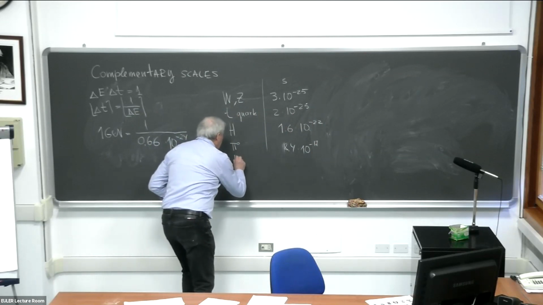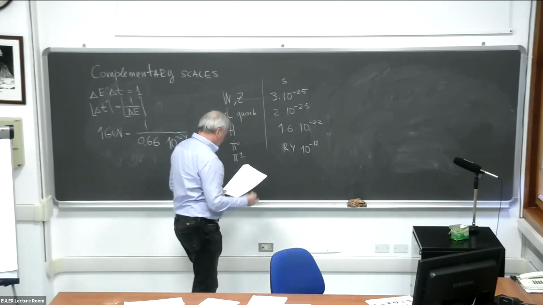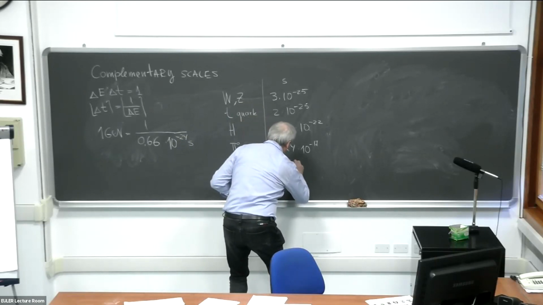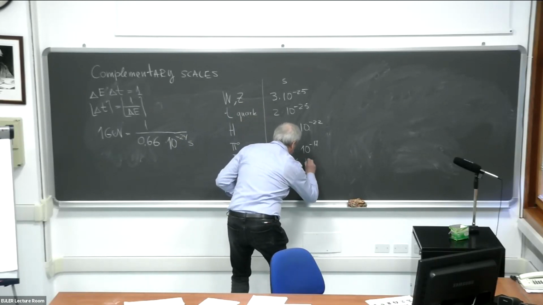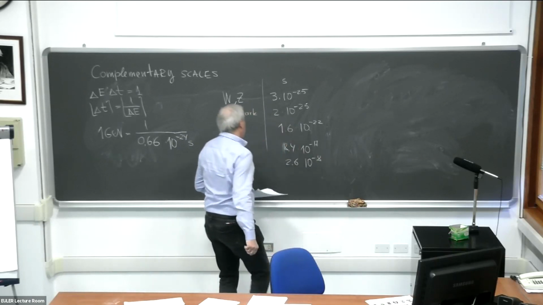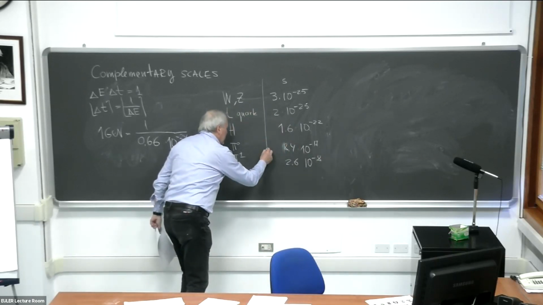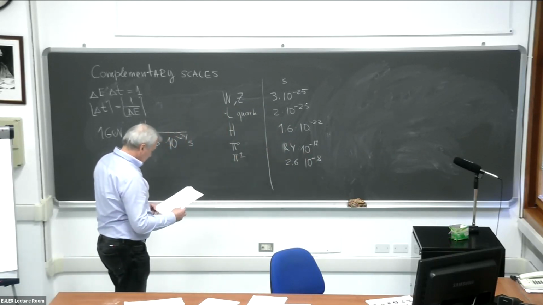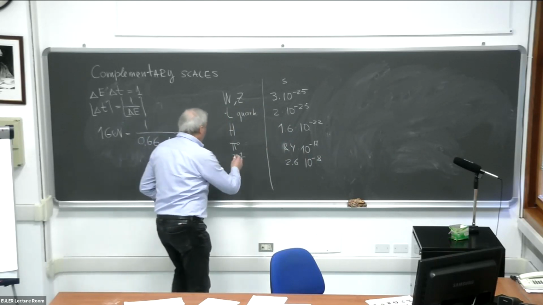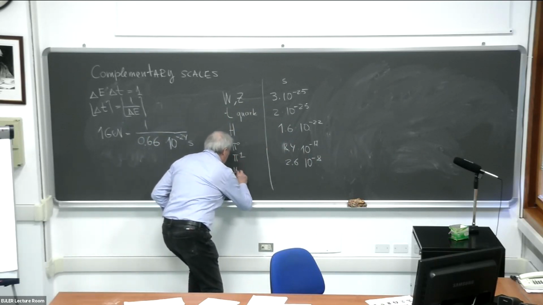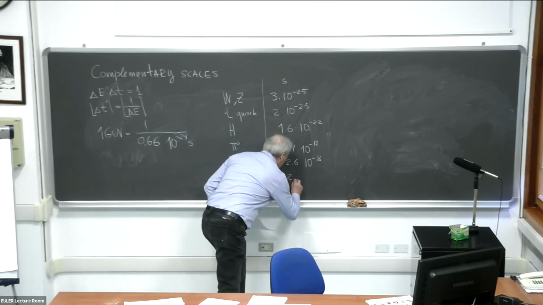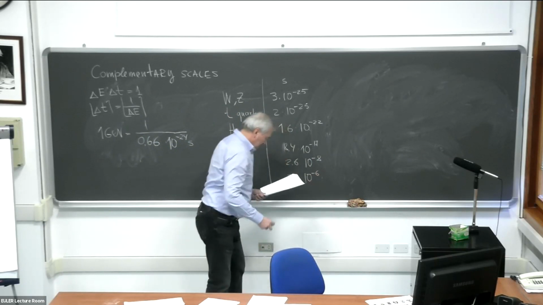Whereas charged pions, pi plus minus, have a much longer lifetime. It's 2.6 10 to the minus 8 seconds. These are important particles and an important time scale, 10 to the minus 8 centimeters. Now, muon, the second heaviest lepton, has lifetime 2.2 10 to the minus 6.